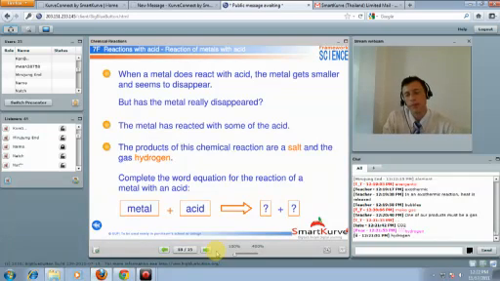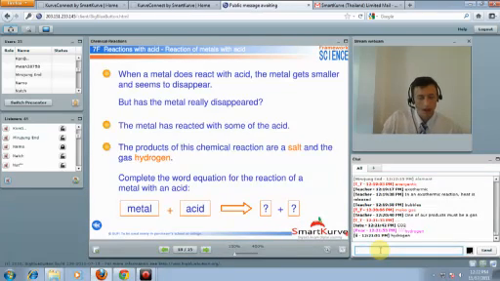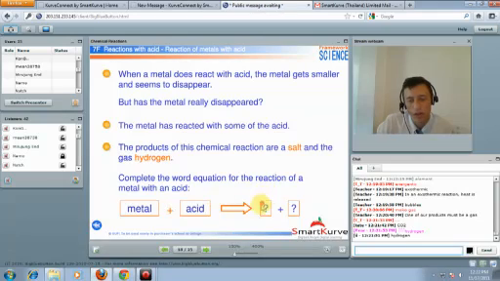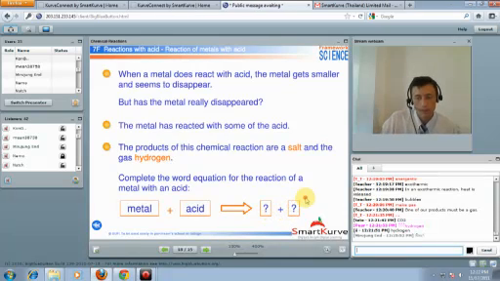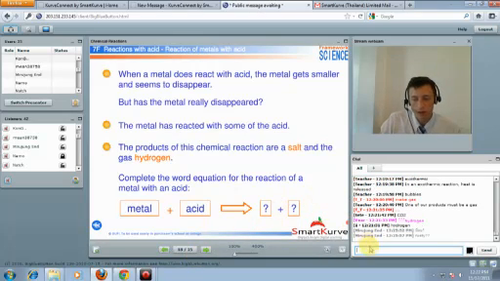So let's complete that table at the bottom of the slide. If we've got here a metal plus an acid, these are our reactants. What are the products? Our reactants are metal and acid.